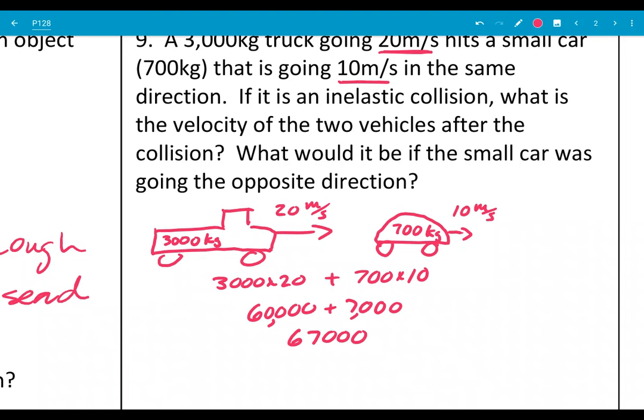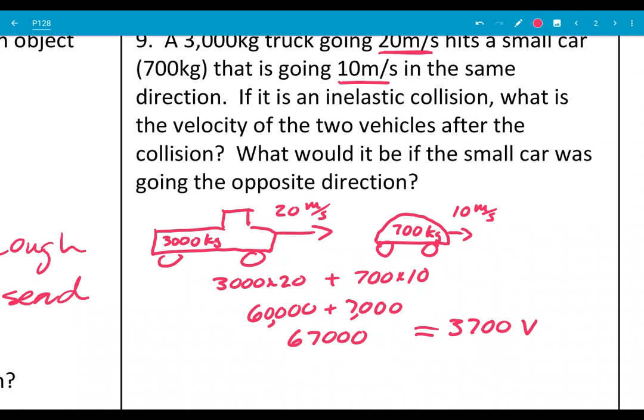That is equal to the momentum of the car and truck stuck together after the collision. Their mass after the collision is 3,000 plus 700, which is 3,700, and their velocity is unknown. They're going to be moving away together. To solve for this, divide both sides by 3,700.